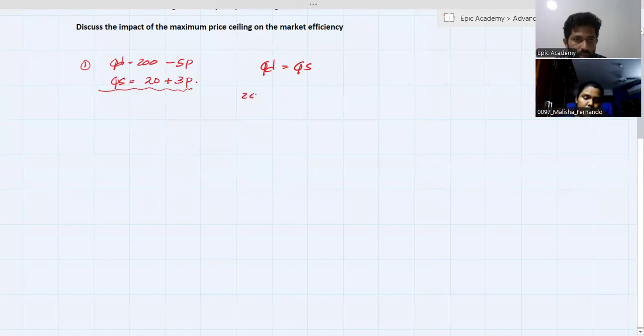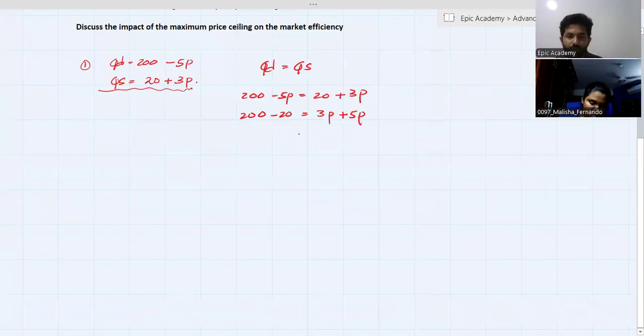So 200 minus 5p must be equal to 20 plus 3p. Then 200 minus 20, after changing the side, and 3p plus 5p, because minus 5p becomes plus 5p: 5, 6, 7, 8.